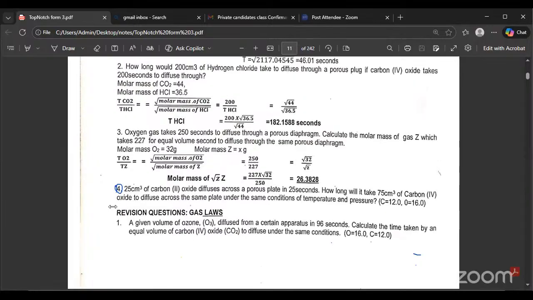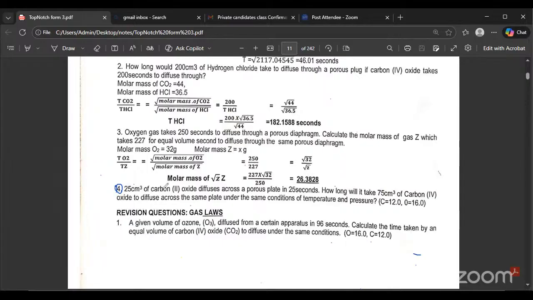So let me now come back to solving this one. Remember, for us to get the RMM, the relative molecular mass, of compounds, molecules, elements, radicals, you must always know their chemical formula.